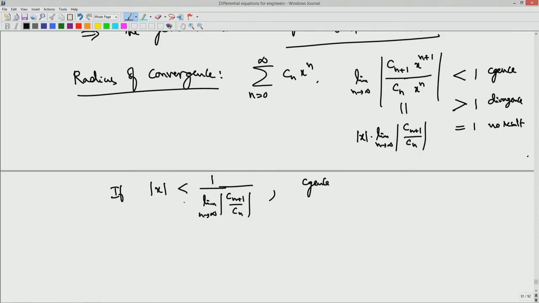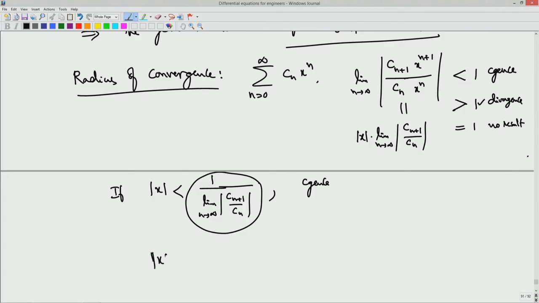That is the set of all x values for which you get convergence if I use this inequality. If it is greater than this limit, you will get divergence.